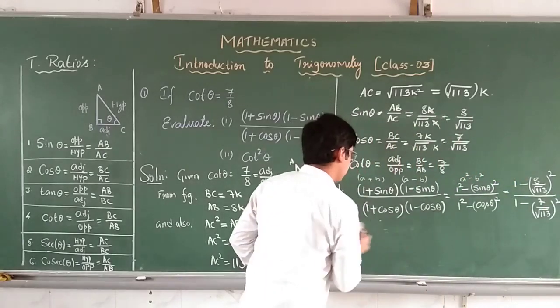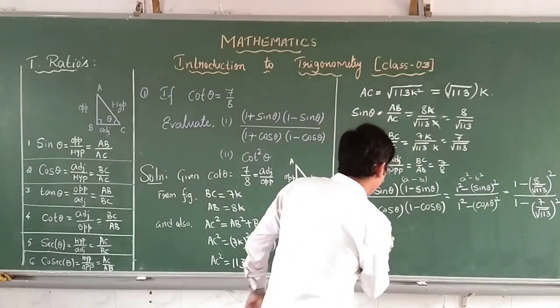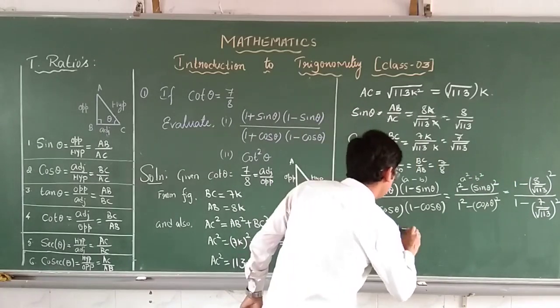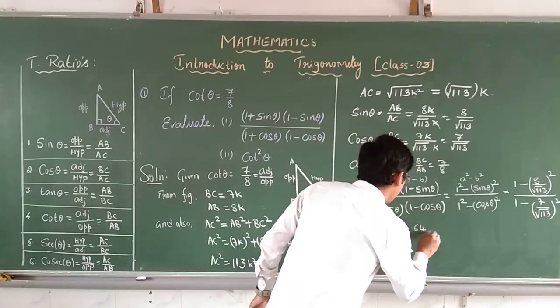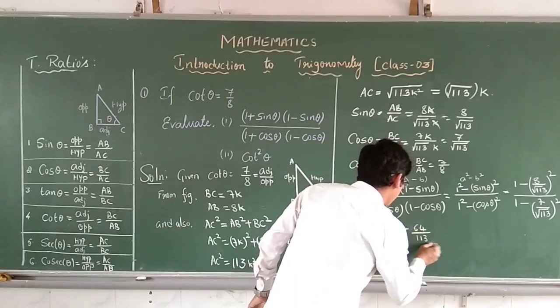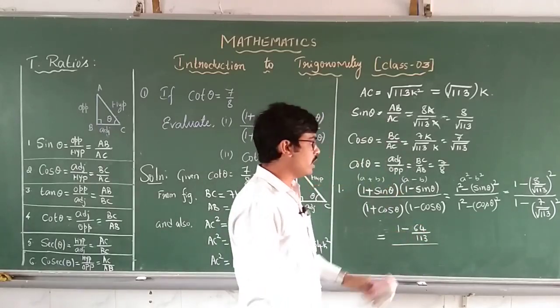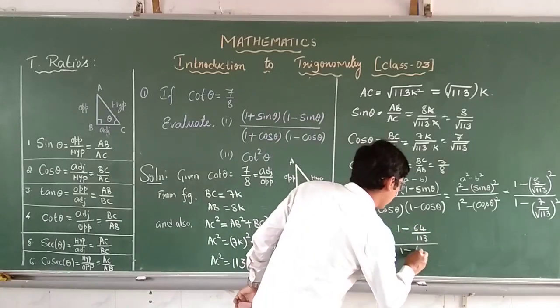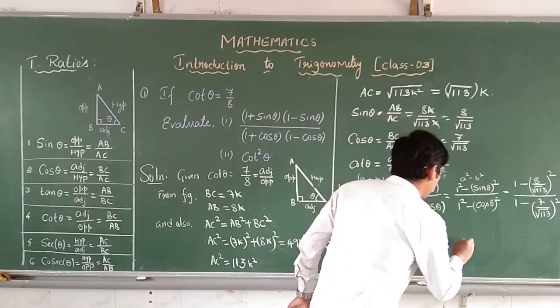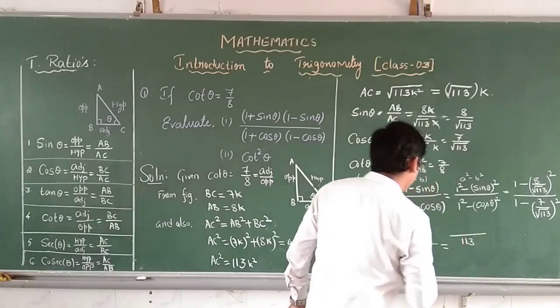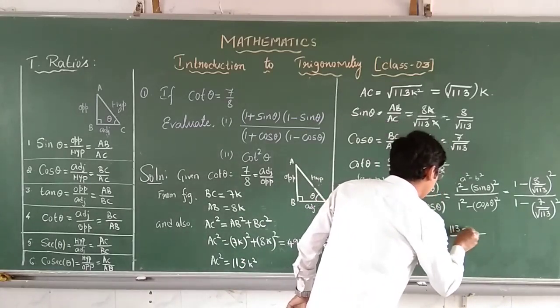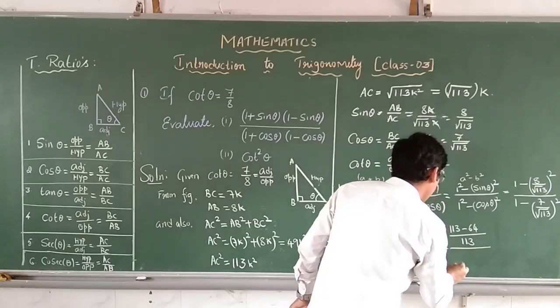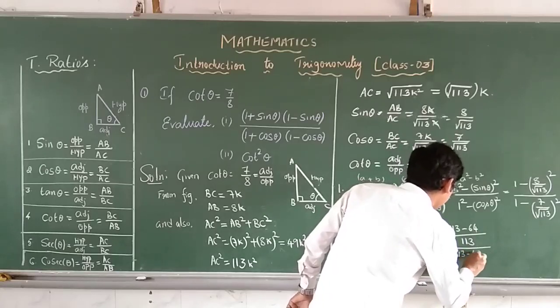Now simplify this. So we will get 1 minus 8 square is 64 divided by 113, the square of root 113. Square and square root get cancelled in the denominator. 1 minus 7 square is 49 divided by 113. By taking LCM, 113 is the LCM in the numerator. We will get 113 minus 64. Here we will get 113 minus 49 divided by LCM 113.